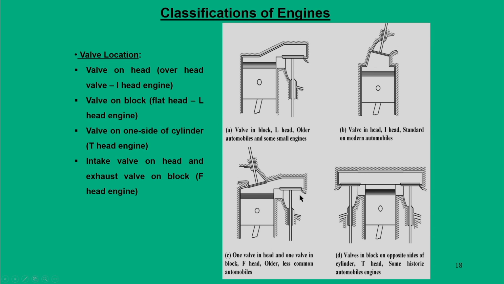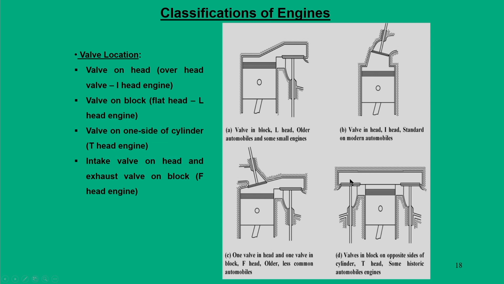When there are inlet and exit valves, one can think of one valve on the head and the other valve on the block. That can be a possible combination, with one as the inlet valve and the other as the exit valve. This design we call an F head engine. There are other possibilities where we have the engine cylinder, the head, and the valves located on either side of the cylinder.